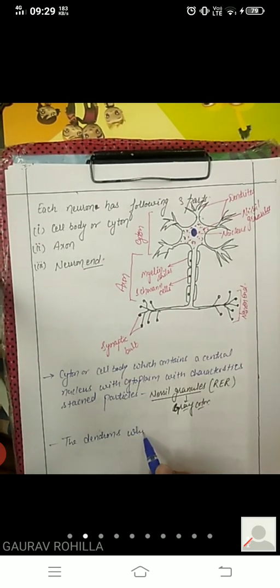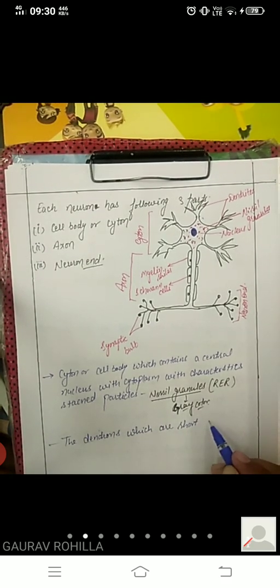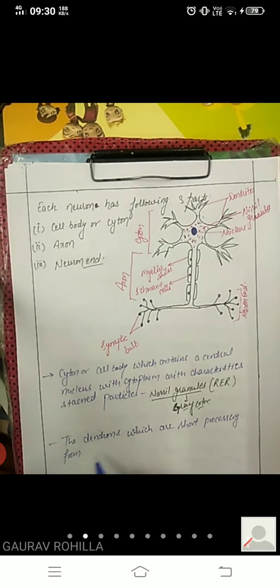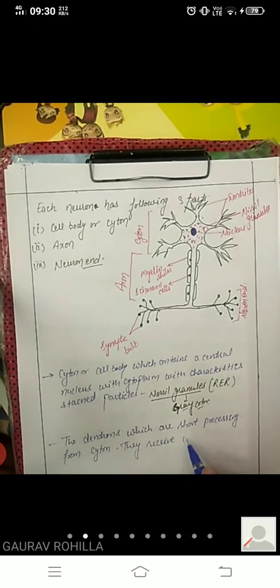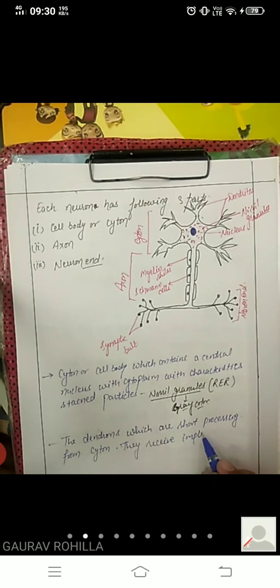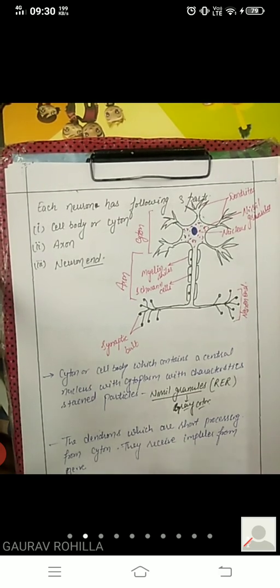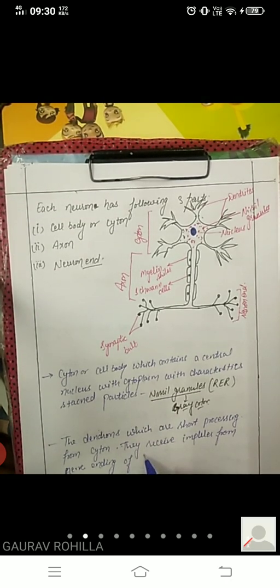Dendrons, which are short processes from cytone, receive impulse from the nerve ending of the previous neuron.